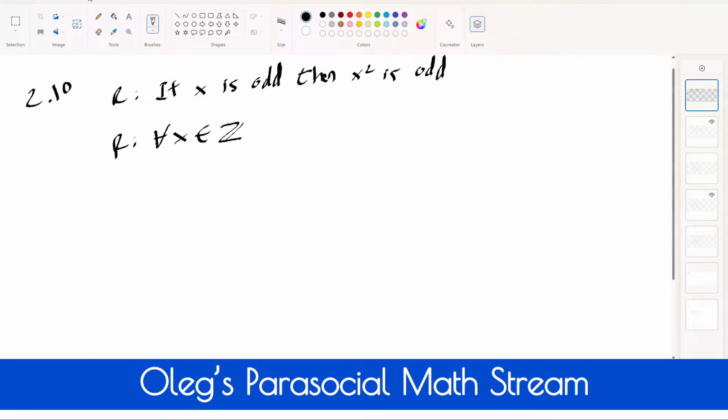All right, so now let's do this. We have, for all x integers, comma, x is odd, which implies x squared is odd.